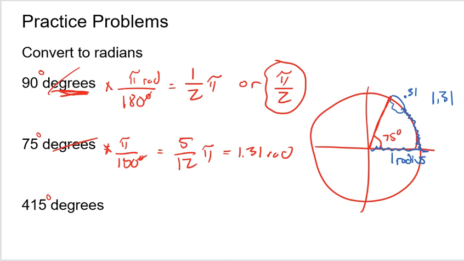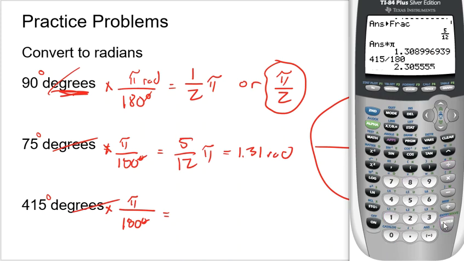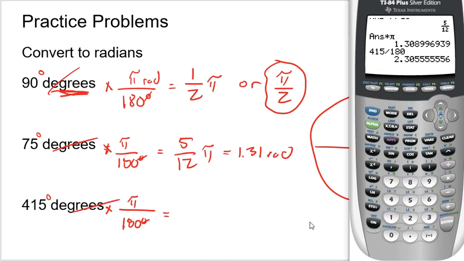Now let's do one more here, 415 degrees. Once again, if I want to convert this to radians, I'm going to put the pi on top. I'm going to put the 180 degrees in the bottom because I want the degrees to cancel. I'm going to go to my calculator, and I'm going to type in 415. I'm going to hold off on the pi, divided by 180, and I get 2.31 if you round.